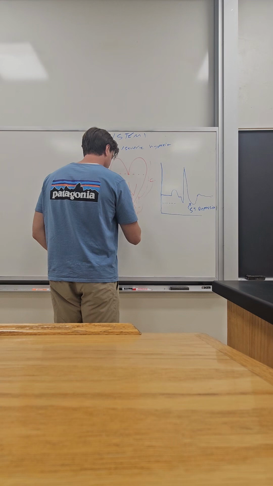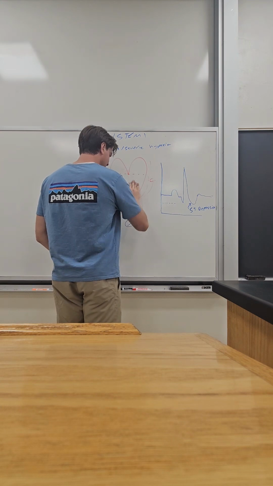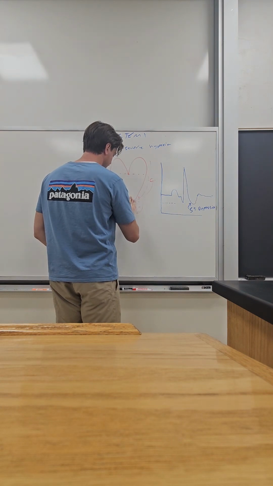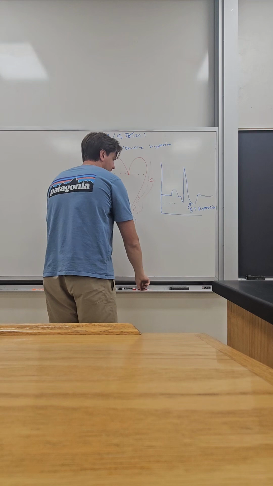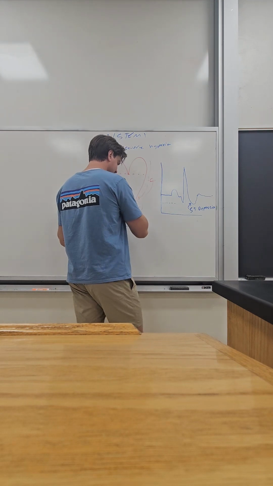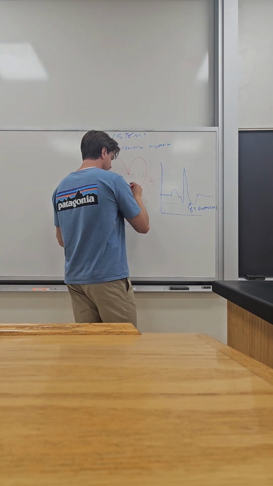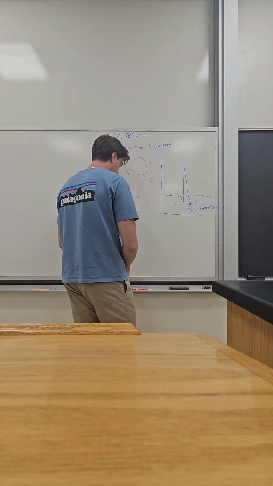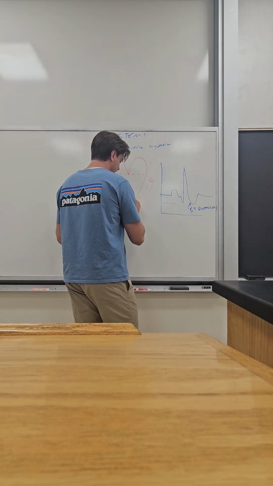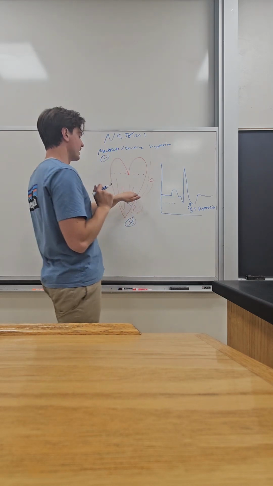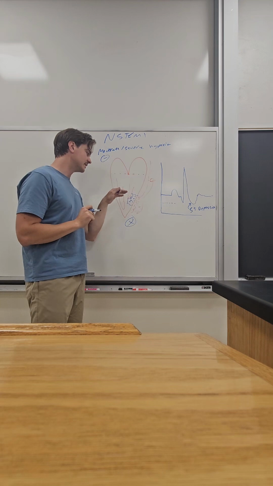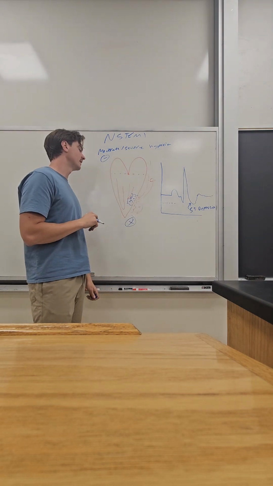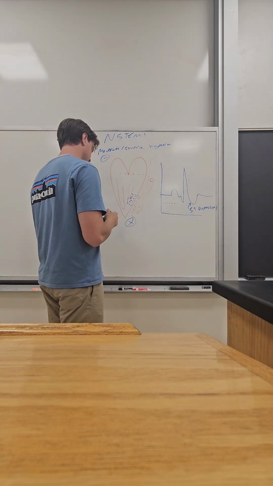Now, what does a STEMI look like? A STEMI occurs when we have, here's our right atrium, something called a transmural infarction, where all these cells right here are hypoxic and they stay depolarized. Current of injury.